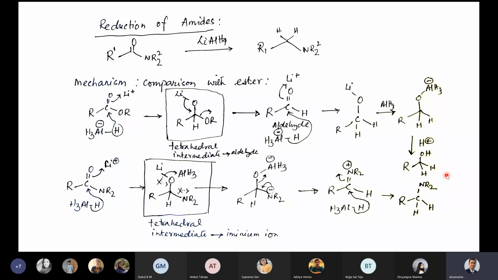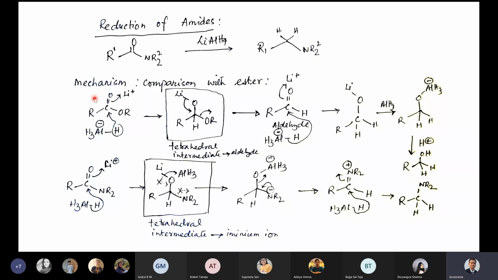This slide is very important. Please pay attention, and many times it comes in the exam also. In this case, basically we will show two different types of mechanism for ester and amide.